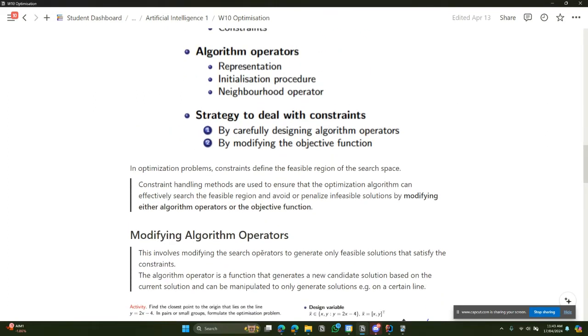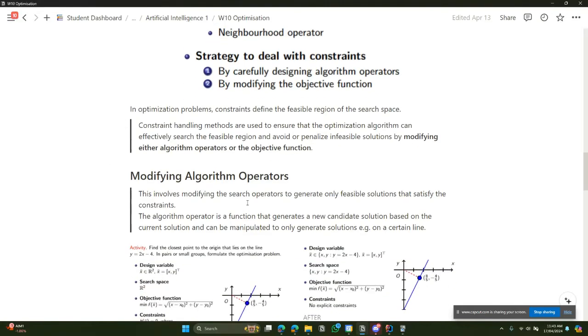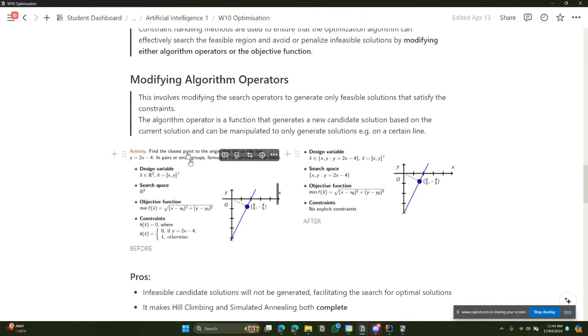So the first method we're going to look at is modifying the algorithm operators. How can we modify these algorithm operators in order to make our solving of the problem more efficient? This involves modifying the search operators to generate only feasible solutions that satisfy the constraints.